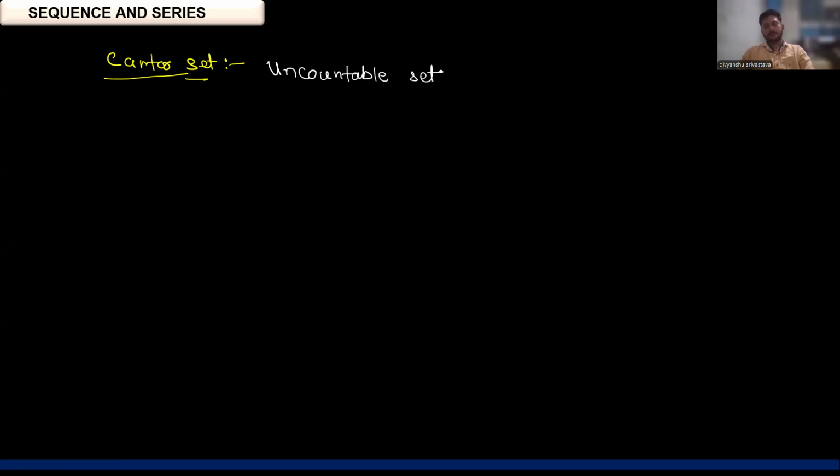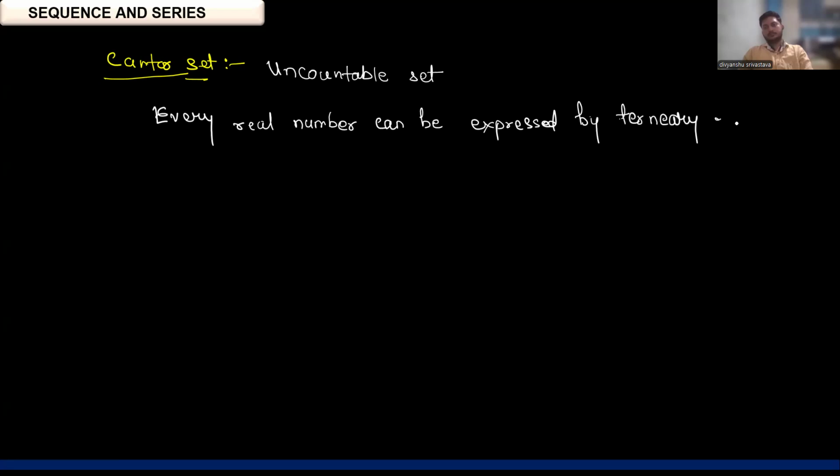Okay. So according to the Cantor set, every real number can be represented by a ternary expression.